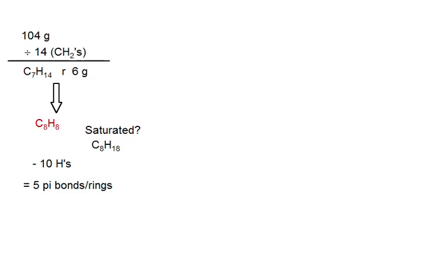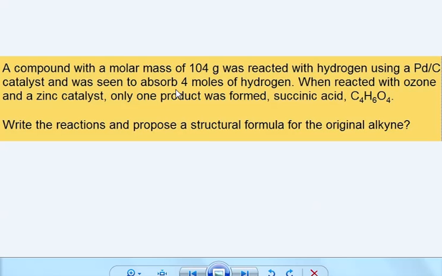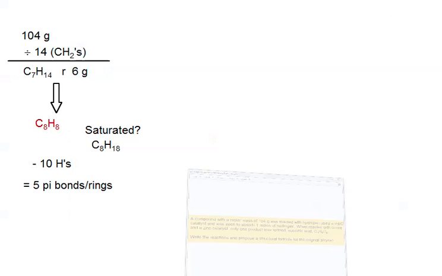Of course, we know from the original question that this alkyne reacted with hydrogen and absorbed 4 moles of hydrogen gas, H2. For every mole of hydrogen gas absorbed, it suggests the presence of a carbon-to-carbon pi bond.